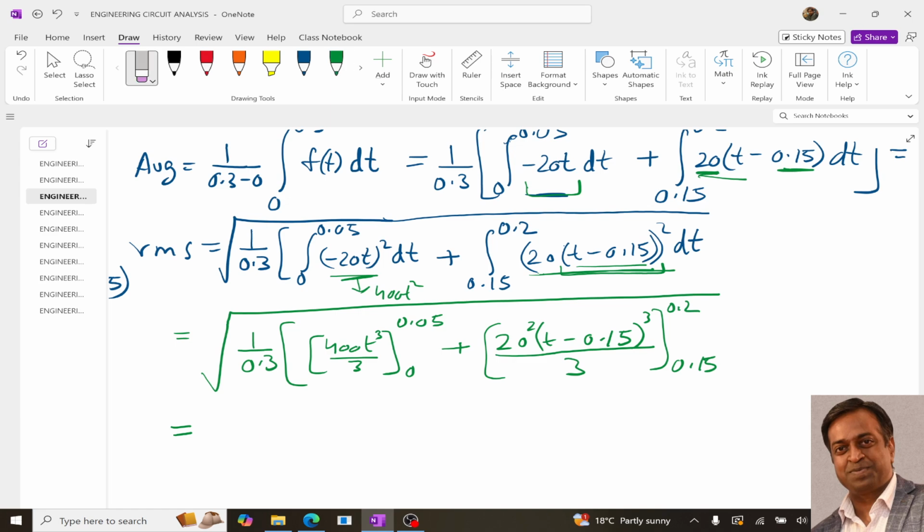It will be 10 by 3, 400 by 3. Just a minute please. Yes, it will be 1 by 9 under root. So you will get RMS value as 1 by 3. So this is the answer, right?